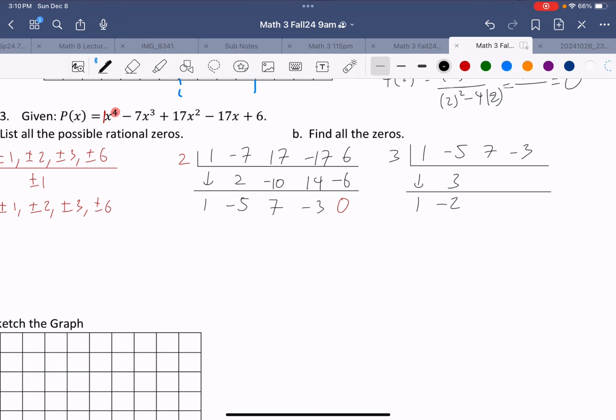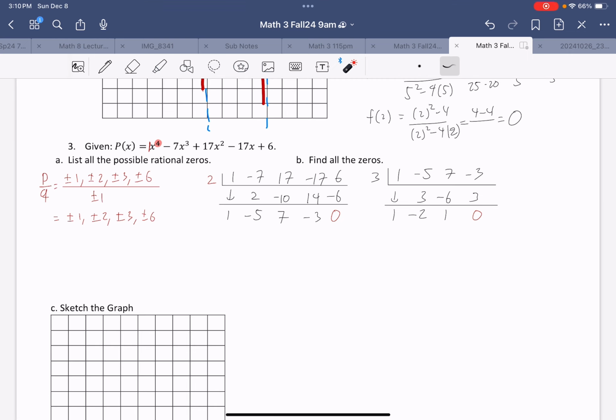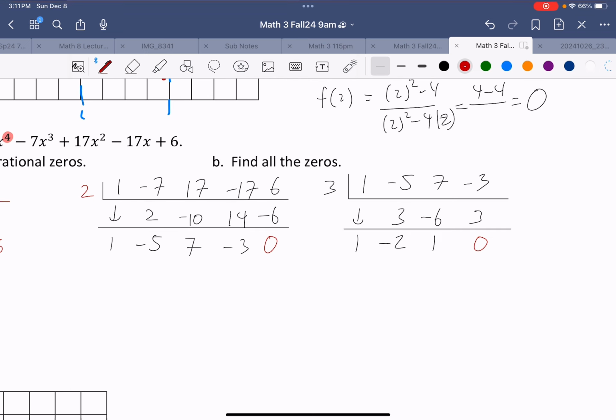We add, we multiply, we add, we multiply, and bingo. Right? And sometimes it's not always that you can guess the zeros on your first try. It does take some time. So don't get frustrated. It does take a couple tries to eventually find those zeros.